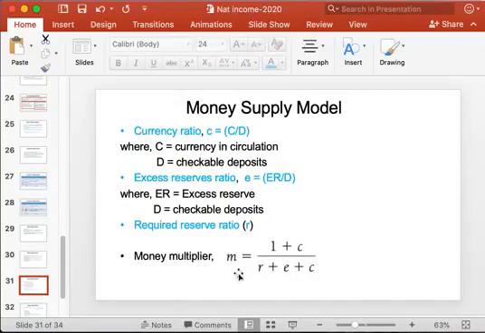So the money multiplier is given by this formula, 1 plus C divided by R plus E plus C.